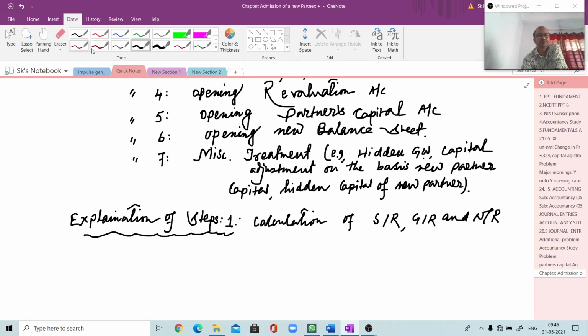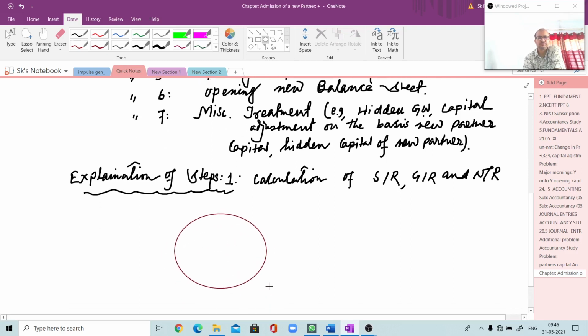Taking one example, there is a whole partnership and there are two partners, A and B. The ratio is equal, meaning half A, half B. So we can write A is to B, 1 is to 1, under the old ratio.